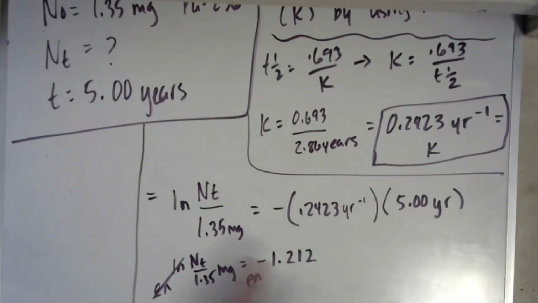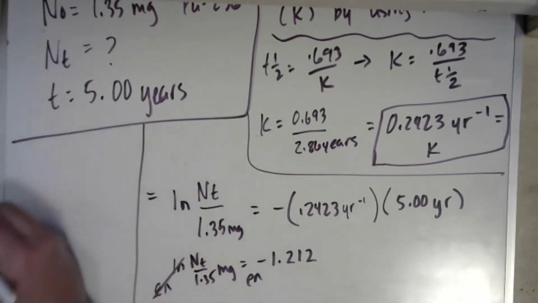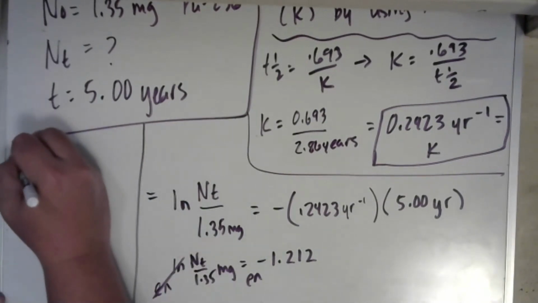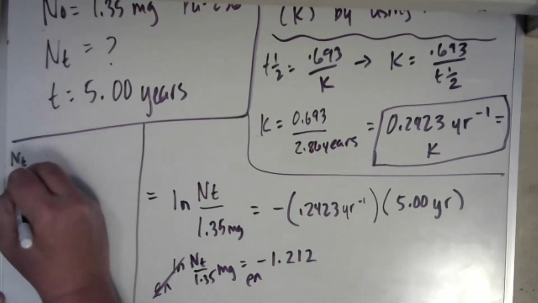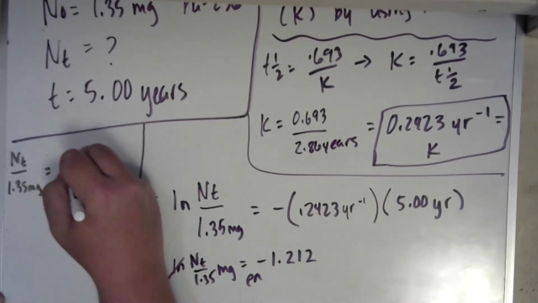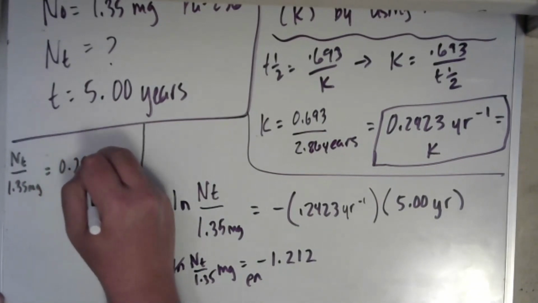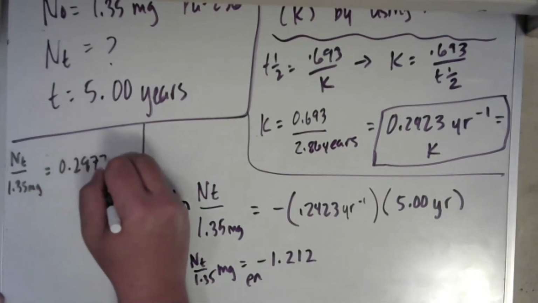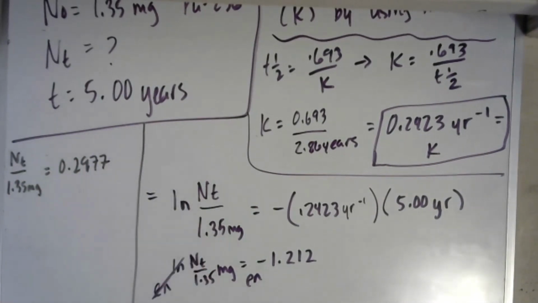So this value raised to the e is going to be nt over 1.35 milligrams equals 0.2977. Okay, so that's what happens here.